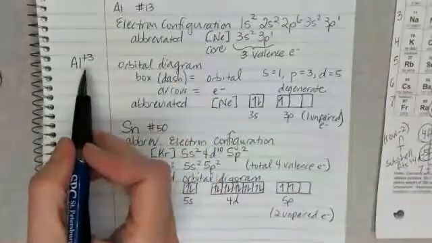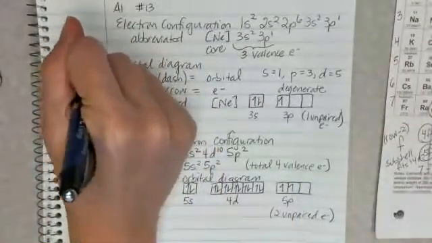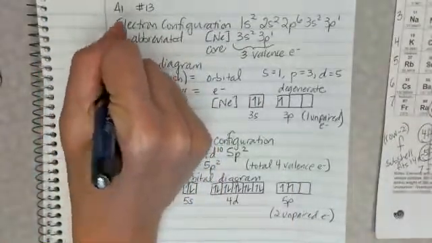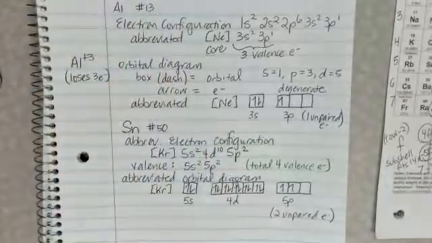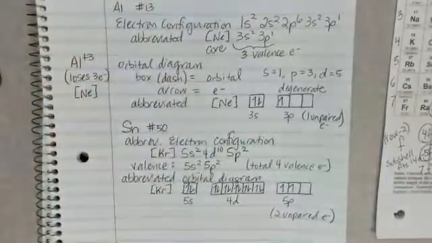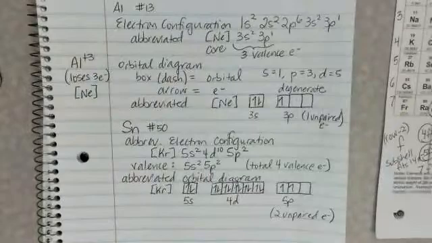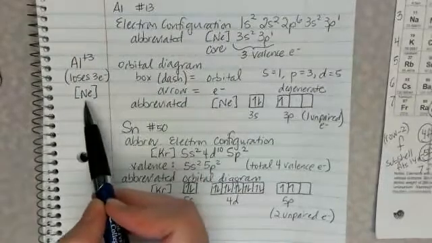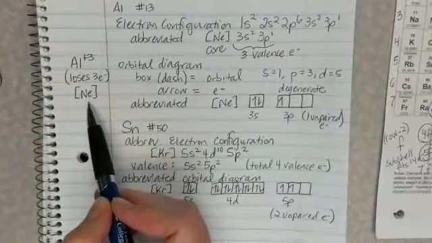So when aluminum loses those 3 electrons to become the aluminum cation, it ends up what's called isoelectronic, iso meaning the same electron configuration. It has the same electron configuration as neon.